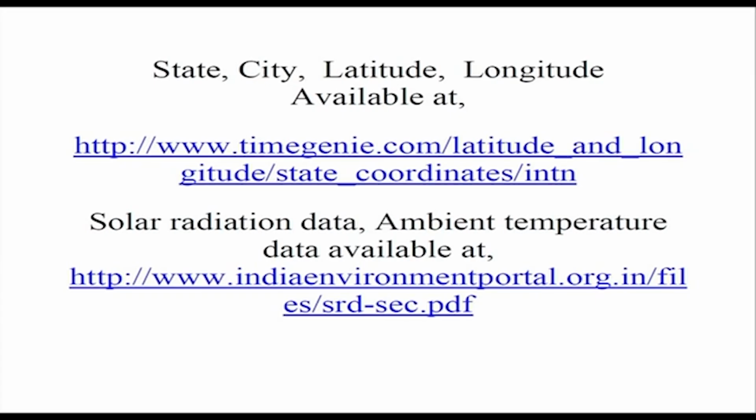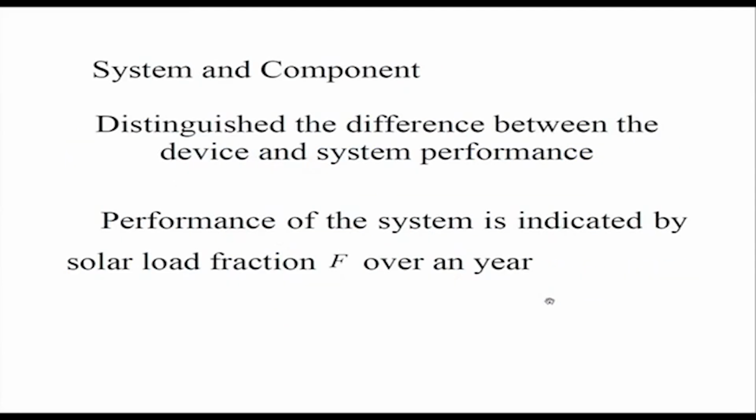And then we briefly considered solving some problems. State, city, latitude, and longitude are available at the website given. Similarly, sufficient solar radiation data for Indian locations is available at the other website, which is shown over here. And then we distinguished between a system and a component.